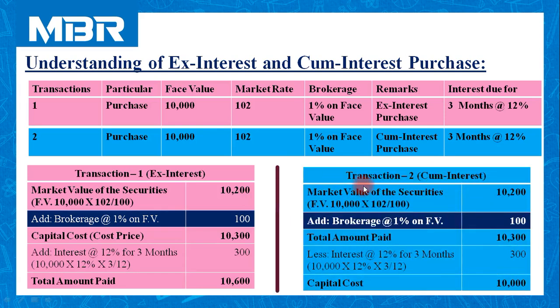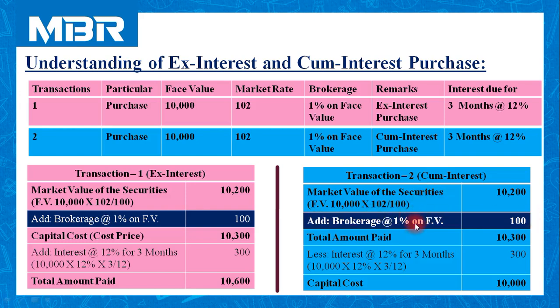Let us have calculation of transaction number 2, cum interest purchase. Market value of the securities 10,000 rupees of face value, market rate 102, so total 10,200. Brokerage plus, because it is a transaction of purchase, in case of purchase, brokerage is added at the time of calculation of cost.